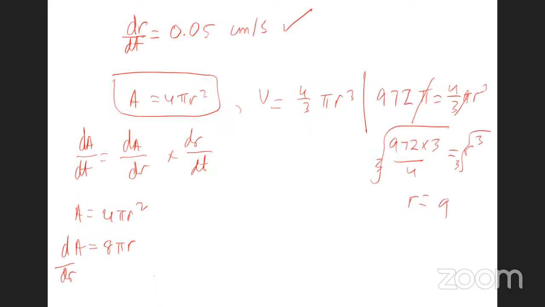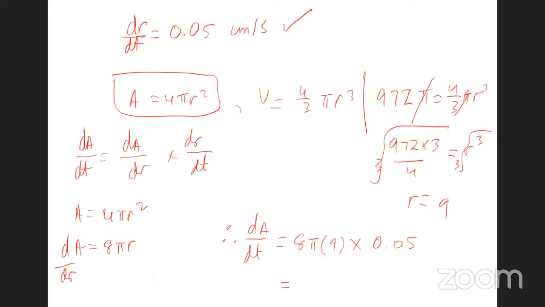So now we come back here and we say that dA/dt is equal to 8 pi multiplied by 9 multiplied by dr/dt, which is 0.05. You can leave your answer in terms of pi, or you can write the actual value.